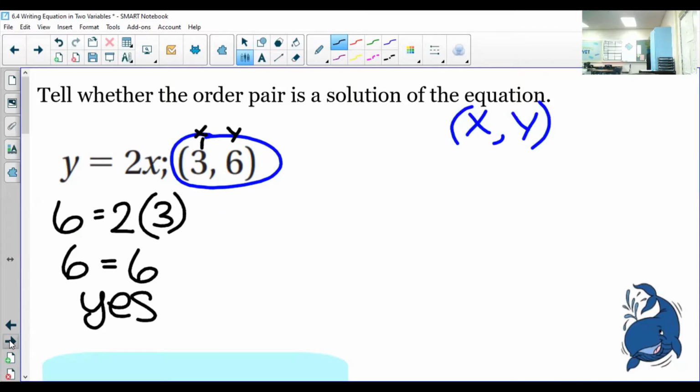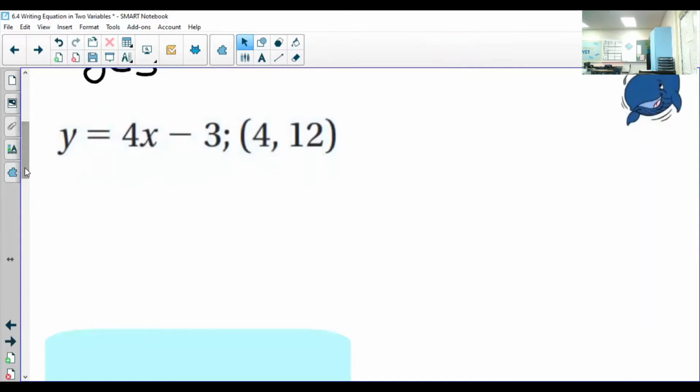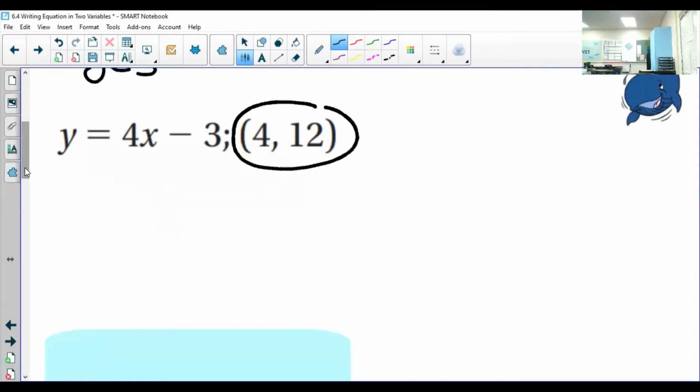And we can use them to tell if these equations are true. So let's try a few more. Okay, we have another one: y equals 4x minus 3. Here's my ordered pair, 4, 12. x equals 4 and y equals 12.